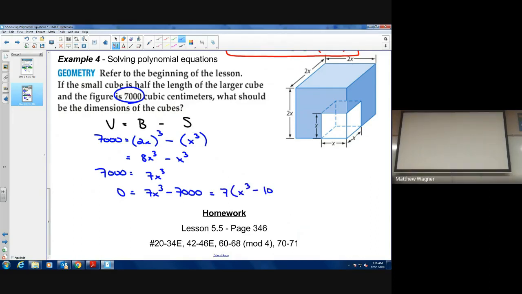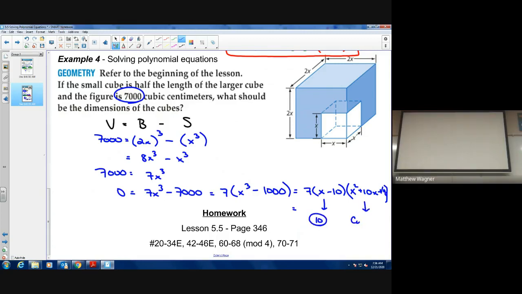So we took out the 7, and we're left with x cubed minus 1,000. Then we're going to use our difference of cubes pattern, which is x minus 10 times x squared plus 10x plus, I'm running out of space, that should be 100. All right, so then we'll continue to solve. We know that one of our answers is 10.